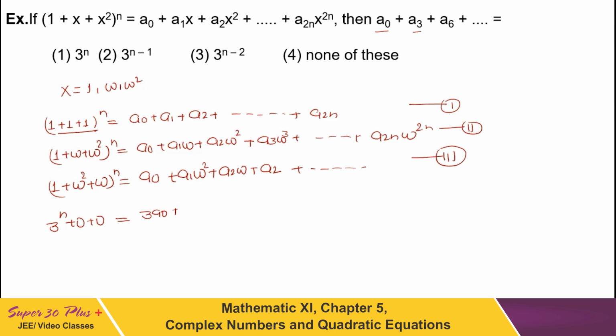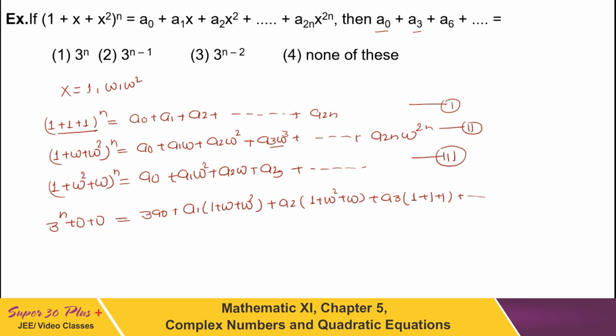This is 0 because with a1 it is 1 plus omega plus omega square. Similarly for a2 it is 1 plus omega square plus omega. But for a3, here a3 omega cube is 1, and here also a3 is 1, and so on.